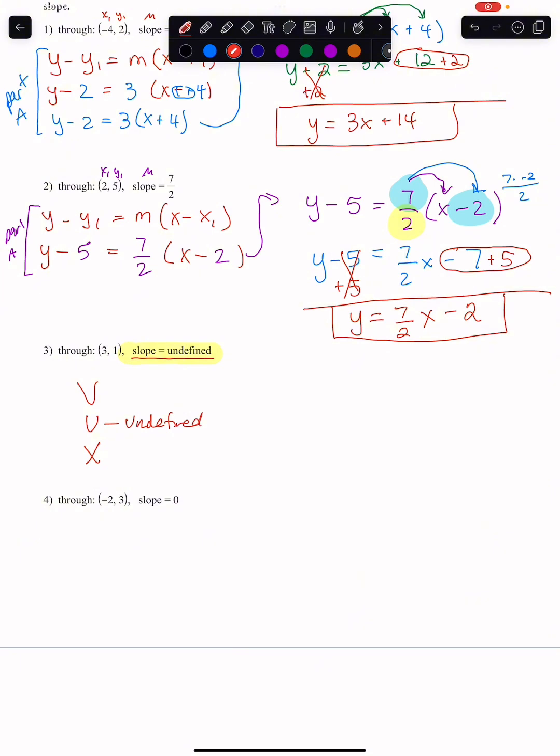Which means my equation is going to be x equals something. But what is x going to equal? Go to my point. And what is x? 3. That's the answer.